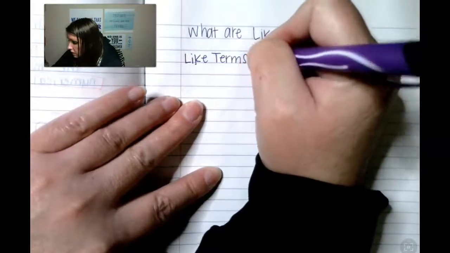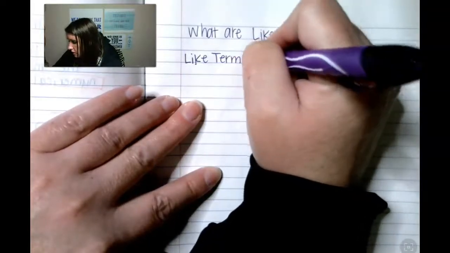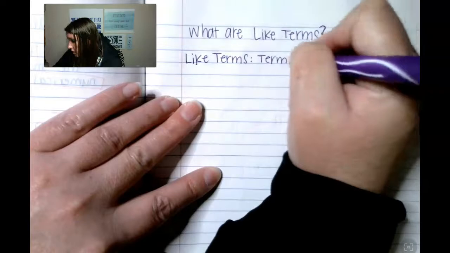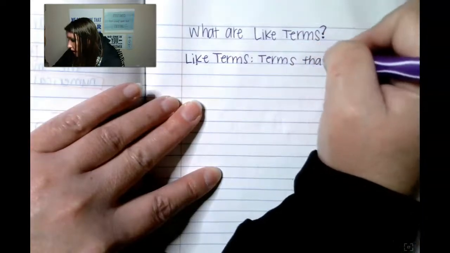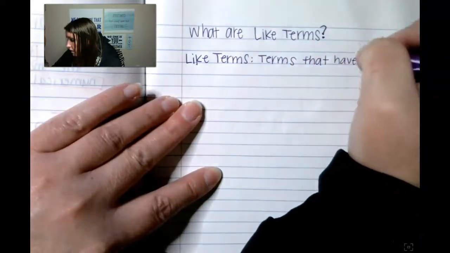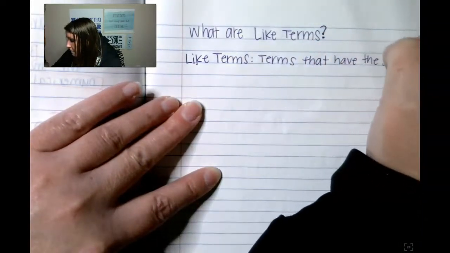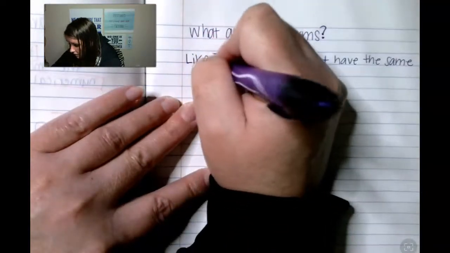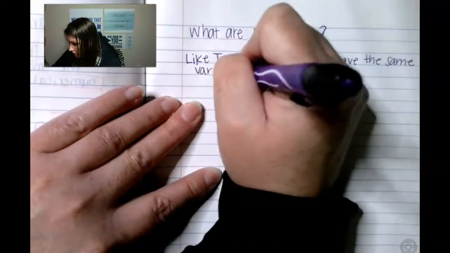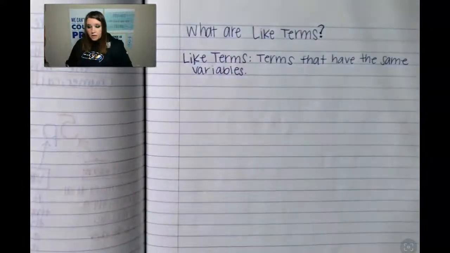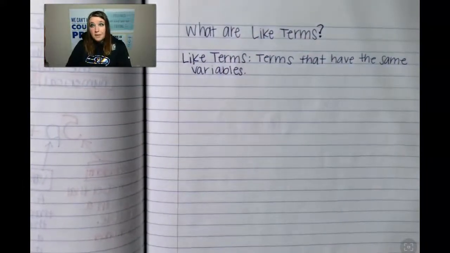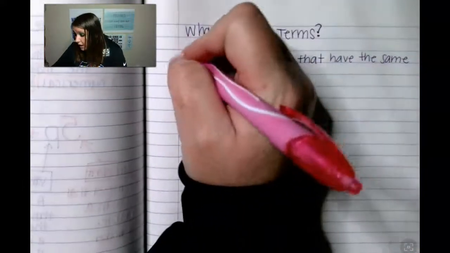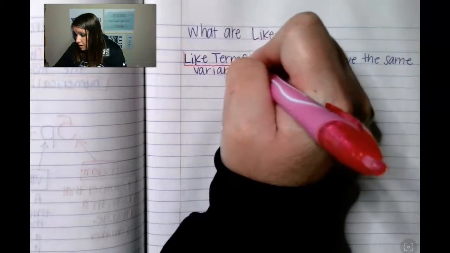Like terms are terms that have the same variables. Okay, so they're going to look the same. So like terms are terms that are the same.